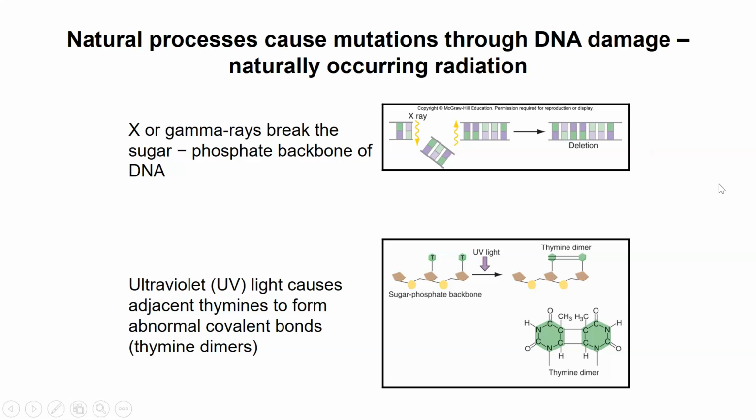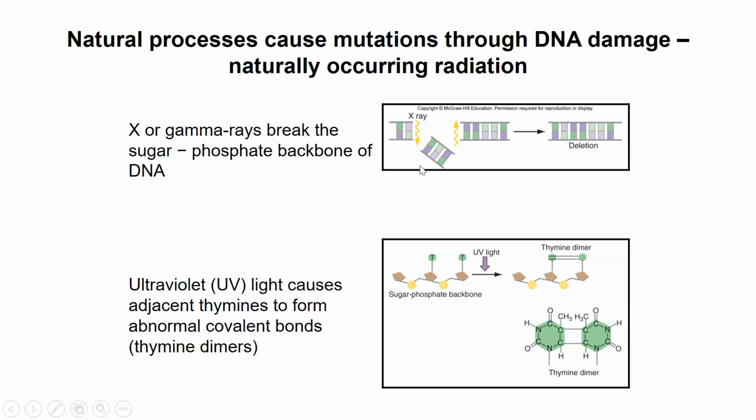Okay, one last topic related to spontaneous mutation, and that is mutation due to natural background radiation. That can happen due to exposure to high energy rays, X or gamma rays, electromagnetic rays that are very short wavelength and high energy.